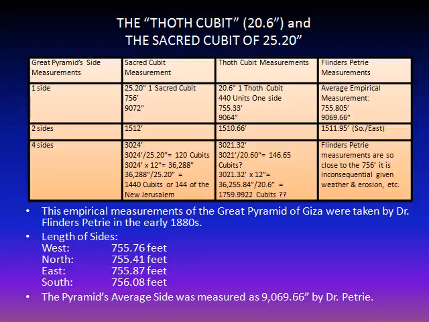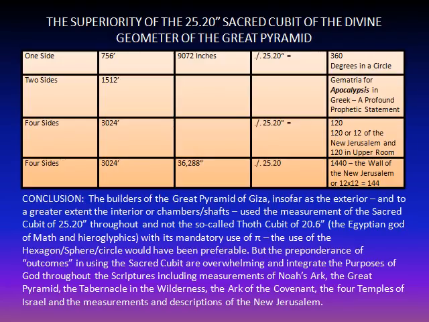And on the south side, 756.8 linear feet. The pyramid's average side was again measured by Dr. Petrie at 9,069.66 inches. The superiority of the 25.20-inch sacred cubit of the divine geometer of the Great Pyramid.